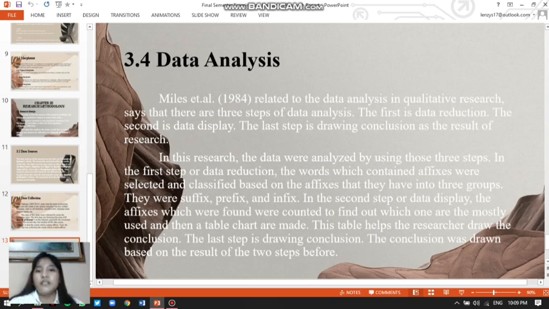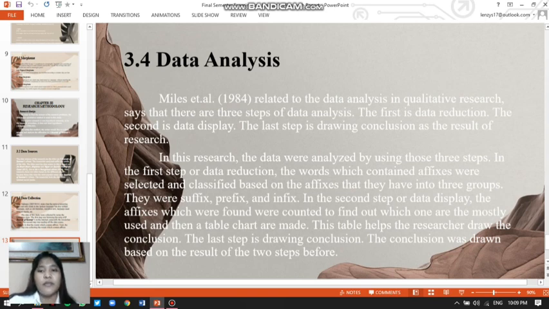In this research, the data were analyzed by using those three steps. In the first step, data reduction, the words which contain affixes were selected and classified based on the affixes that they have into three groups: prefix, suffix, and multiplex.